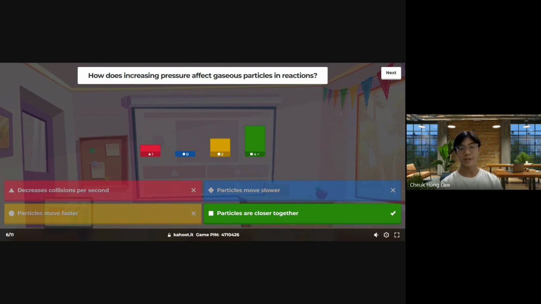So pressure, right, is always about how close the particles are together. The closer the particles are together, the higher the pressure. If you say particles move faster, this is not true. As long as you never increase the temperature, as long as the temperature is the same, the kinetic energy is also the same. So they move at the same speed.